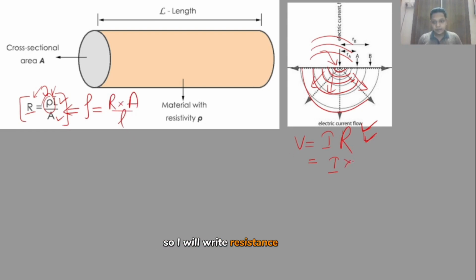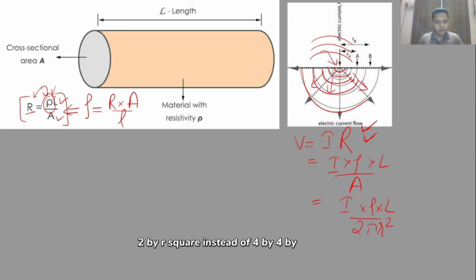So I will write resistance as rho into length divided by area. As this is a hemisphere, I can write the area for that as 2 pi r square instead of 4 pi r square. If it would have been the complete sphere, it would have been 4 pi r square.